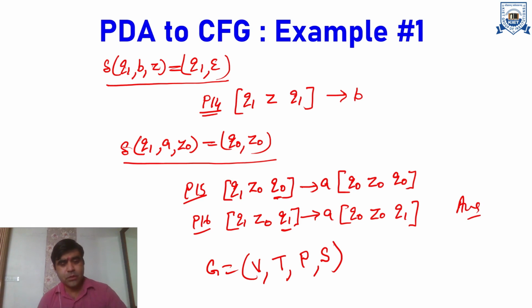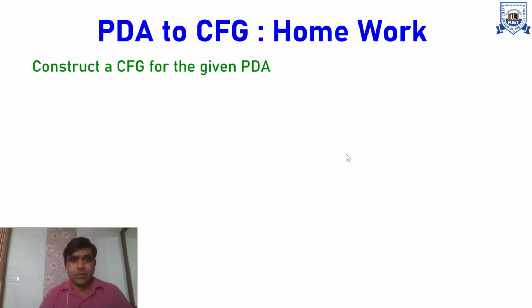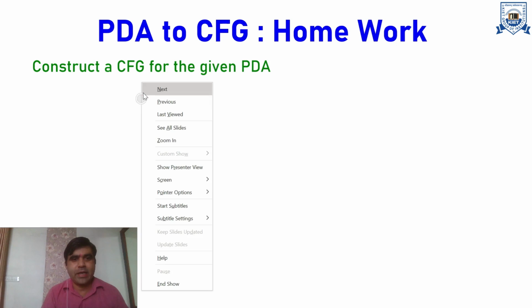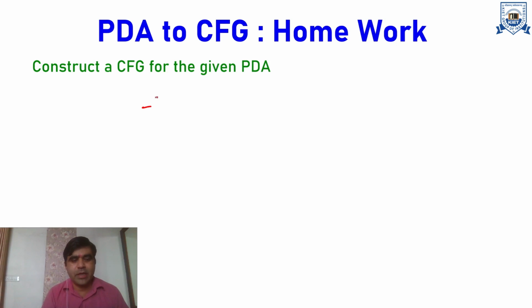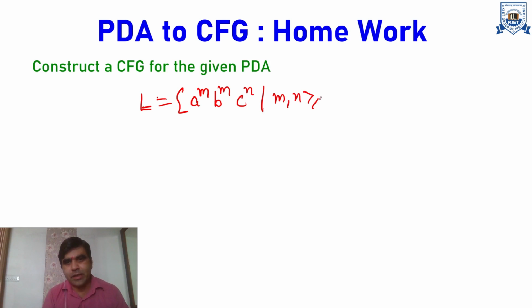Okay, so let's suppose we take some other example. Try it by yourself. Take any language. Let some language L be like this: a raised to power m, b raised to power m, and c raised to power n, with m and n greater than or equal to 1.